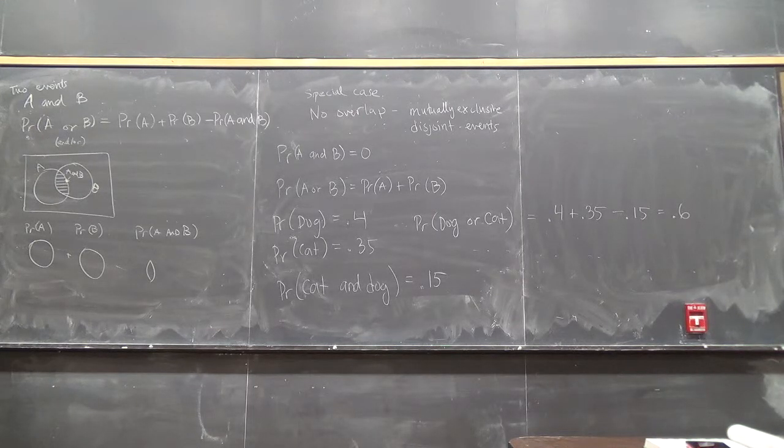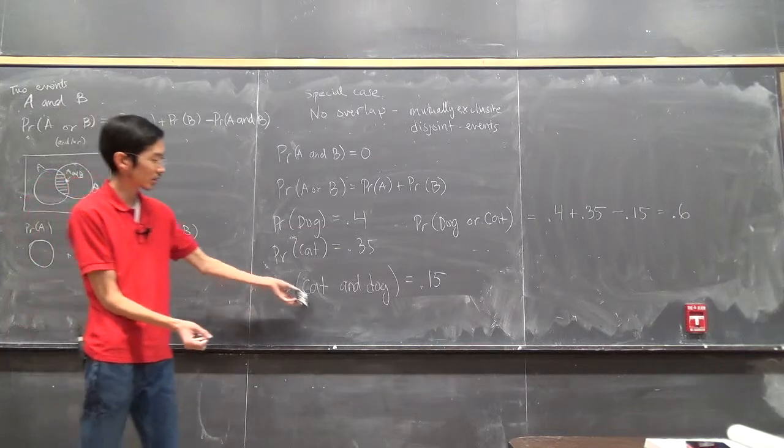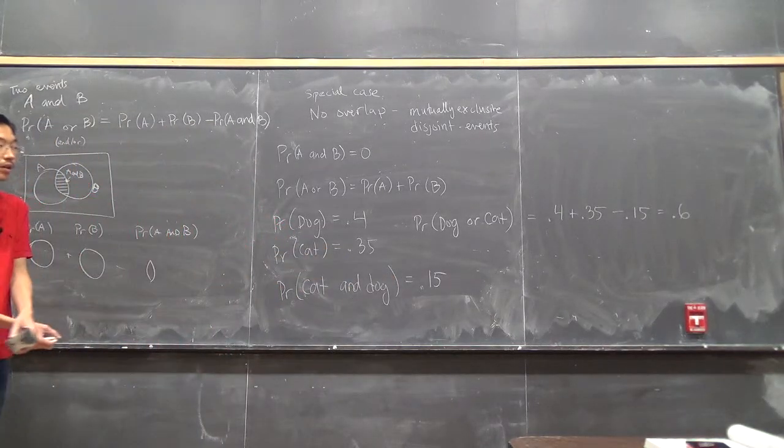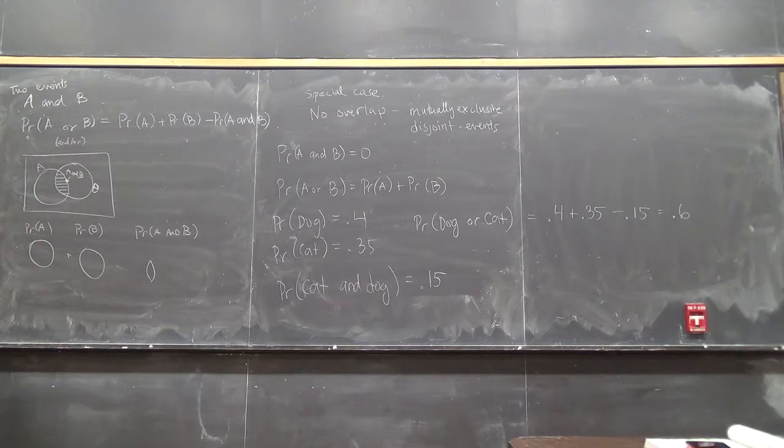So what if you wanted to include people who had both dogs and cats? Would it be plus? People who have both cats and dogs is this. Right, no, I know, but for dog or cat, you said that the minus 15% are people who have both, right? So in that 0.6, you're not including people who have both dogs and cats? I am. Oh, okay. I am including.